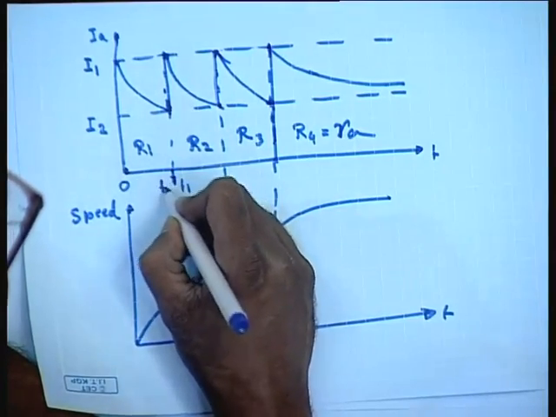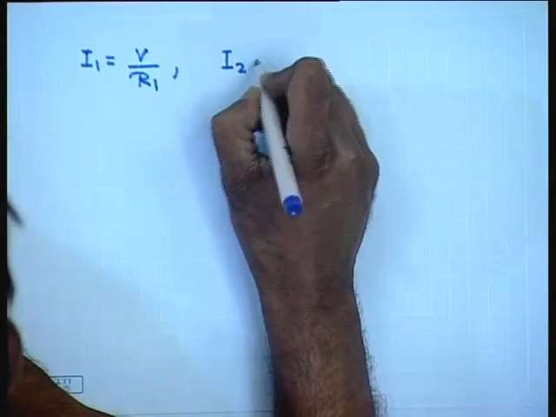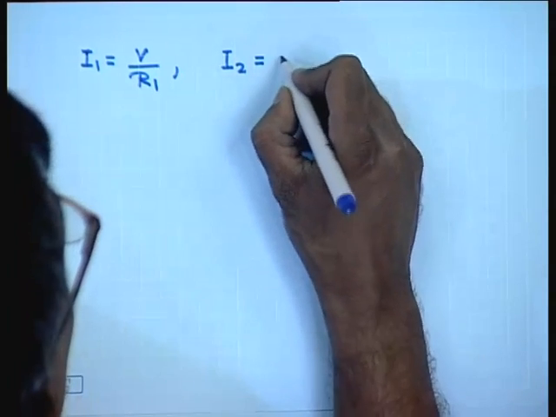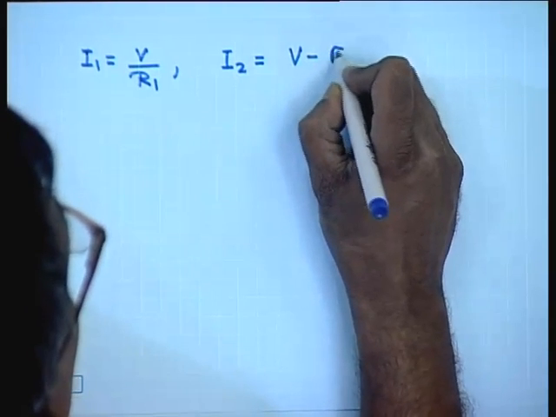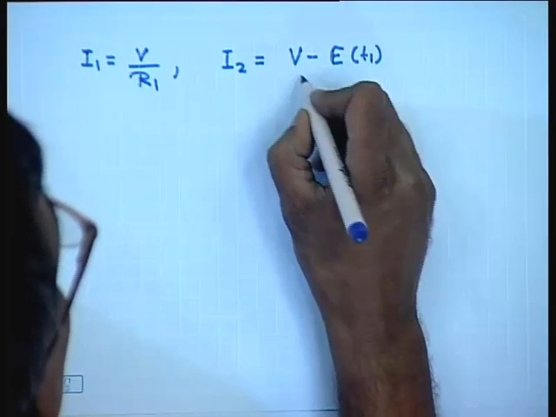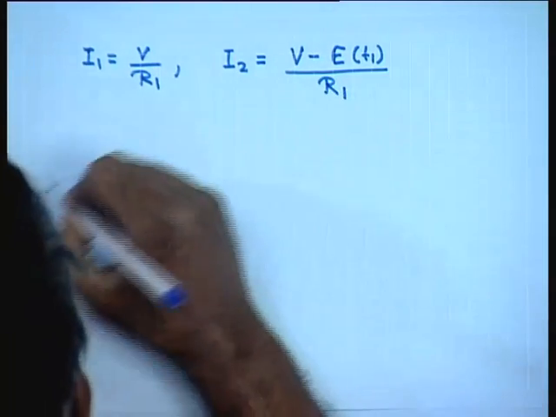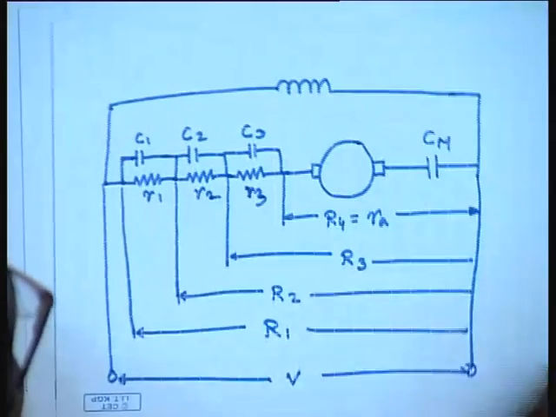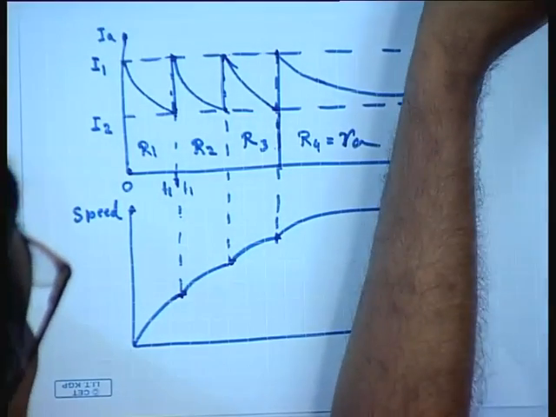At time t1, the current drops to a value of I2. So, I2 equal to V minus E at t1 divided by R1, but at the same time we are shorting the contactor C1 and the total resistance is becoming R2.